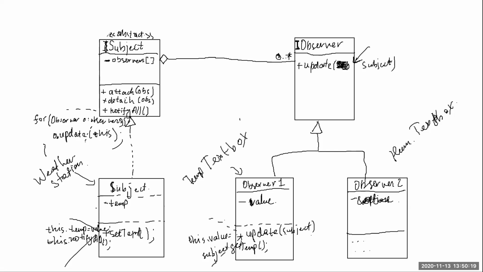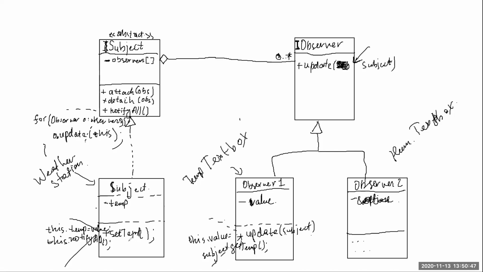So in the client part, how would the client use it? It will create an instance of a subject. It will create instances of observers, right? You attach these observers to the subject and then keep changing the subject.